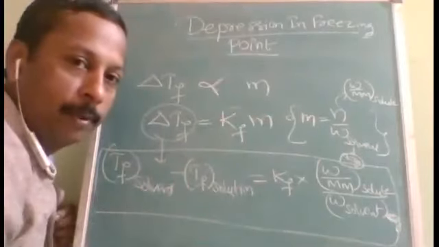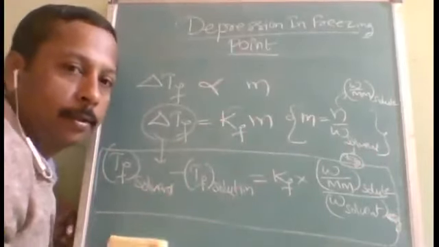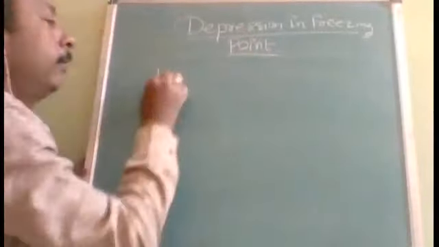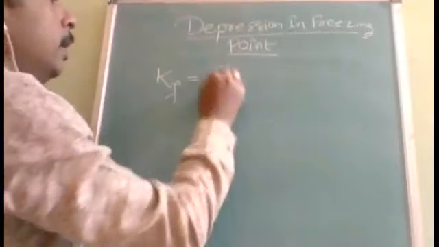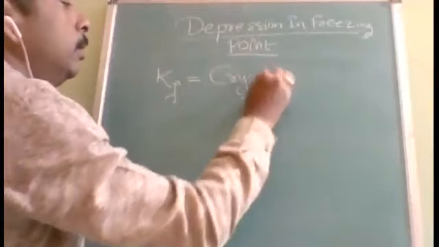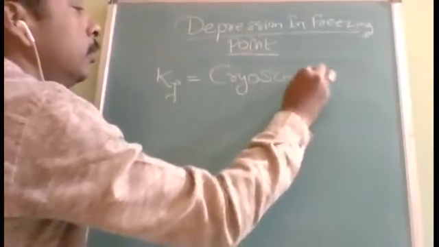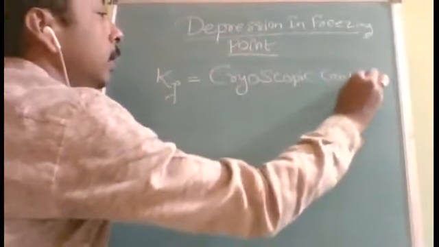Okay. So Kb, do you remember? Okay. Good. Kb is ebullioscopic constant. Likewise, Kf. Kf is called a cryoscopic constant.